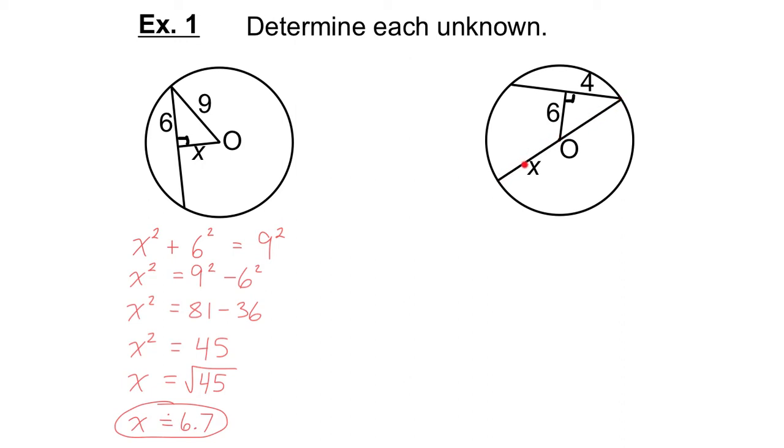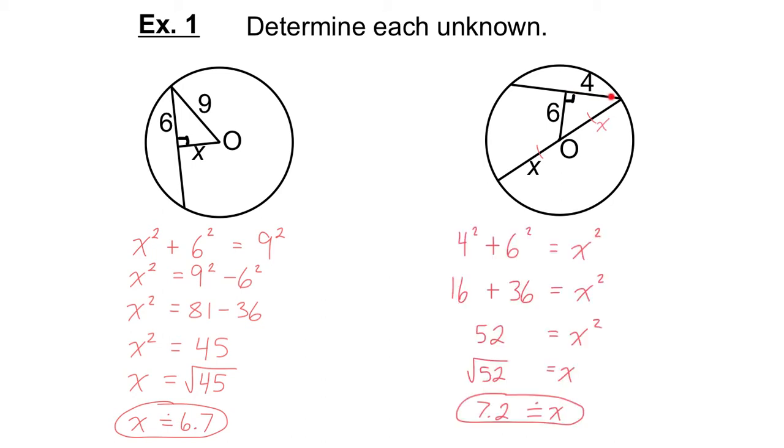This line segment from the center of the circle to the outside, that's also the radius. So x is the radius. That means this length and this length are the same. So when I solve Pythagorean theorem, I'm actually solving for x. So 4 squared plus 6 squared equals x squared. When I do that, x is the square root of 52, which is about 7.2.